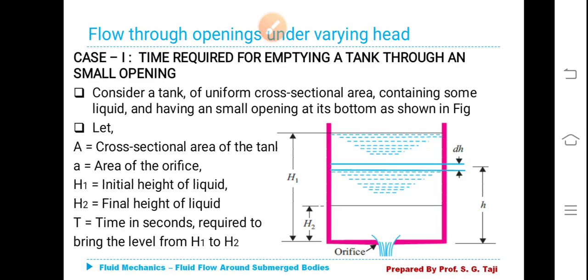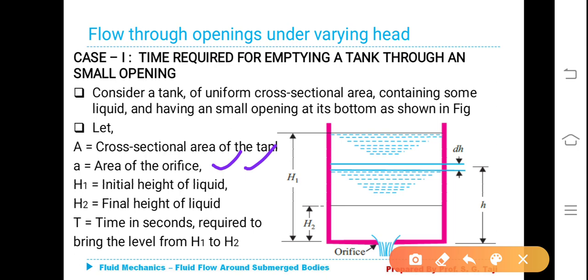Consider a tank of uniform cross-sectional area containing some liquid and having a small opening at its bottom, as shown in the figure. Let capital A be the cross-sectional area of the tank. Small a is the area of the orifice fixed at the bottom of the tank. H1 is the initial head, or initial height of liquid in the tank.